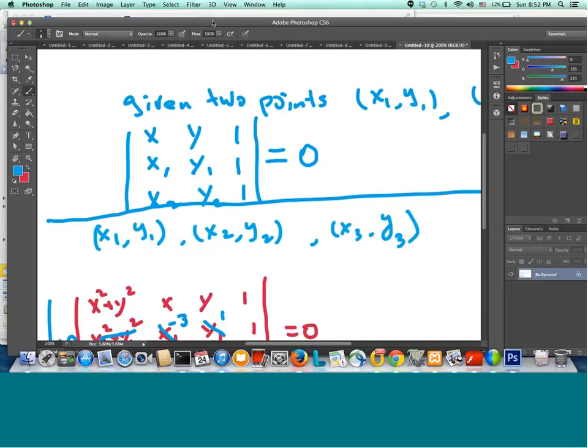Three-dimensional also works. Anyway, it's up to what you think. So that's all about it. Analytic geometry has a lot of things.